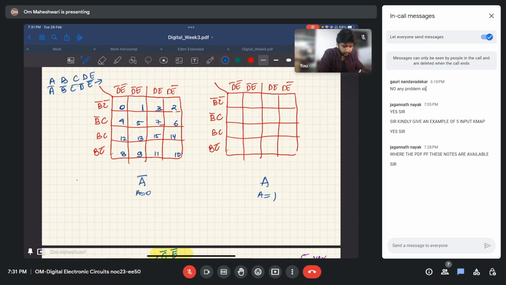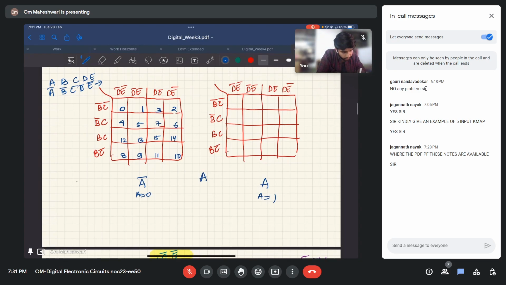Okay, so after 15, now what? Here, for each term, it is A. So here we have A, B bar, C bar, D bar, E bar. With the weights 16, 8, 4, 2, 1, these are 1, 0, 0, 0, 0. That is 16. Here 16 will come.